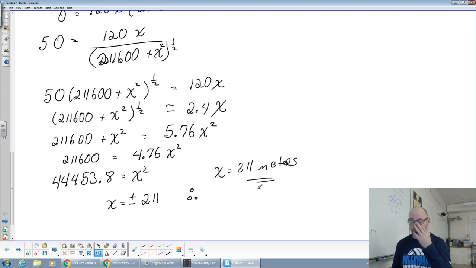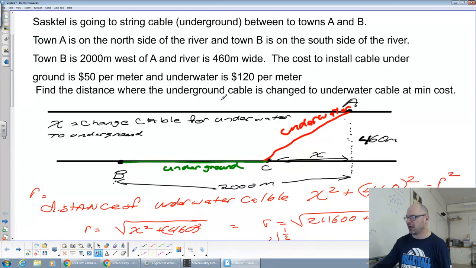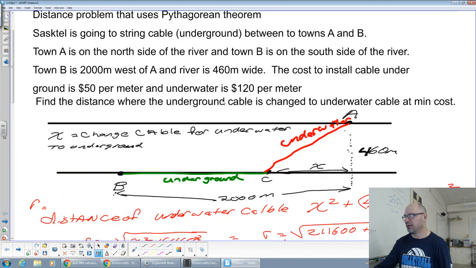Now the question might ask us how many meters of underground cable we have and how many meters of the other cable, or what the total cost is, or whatever it says. Find the distance.